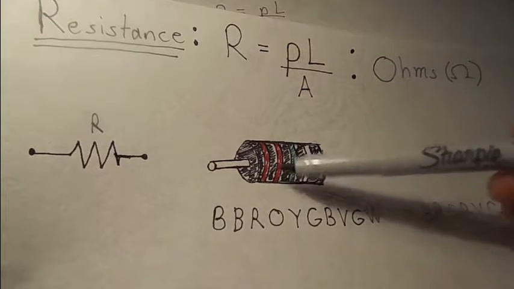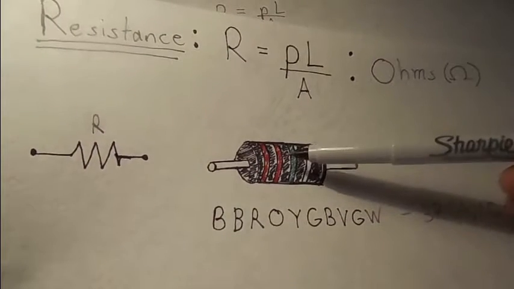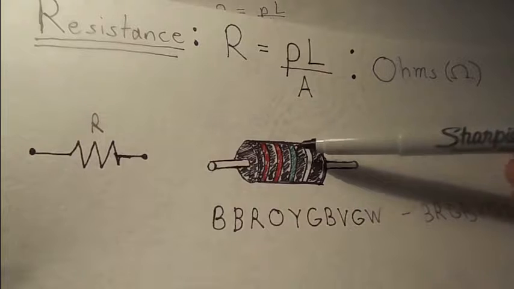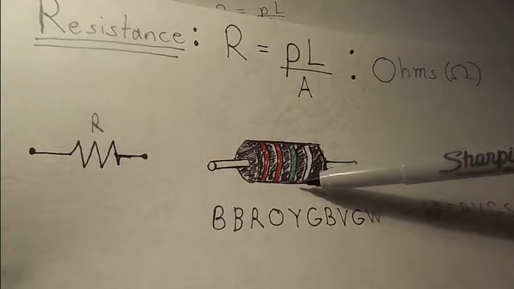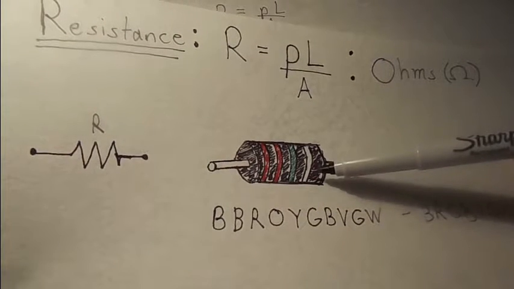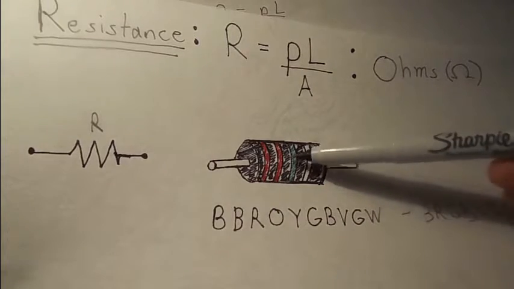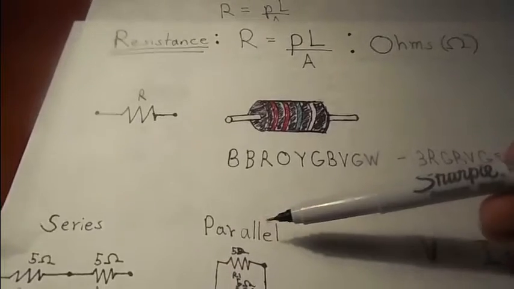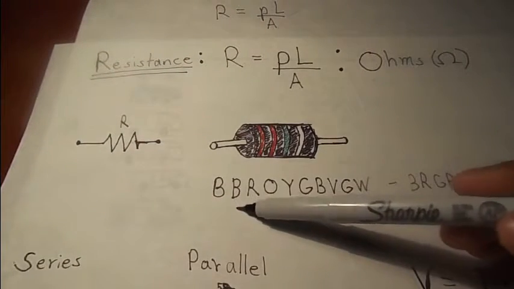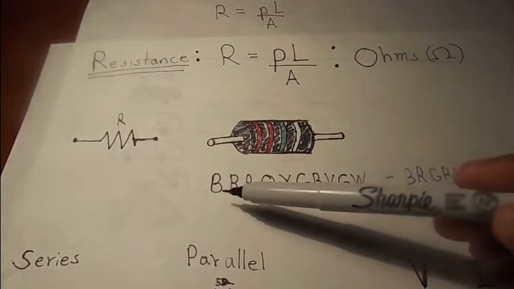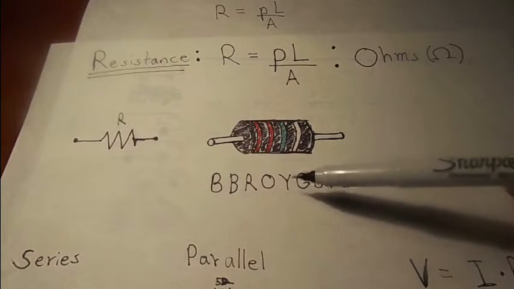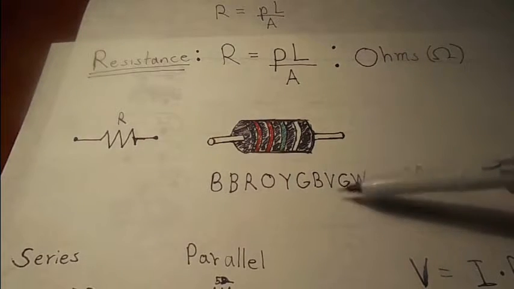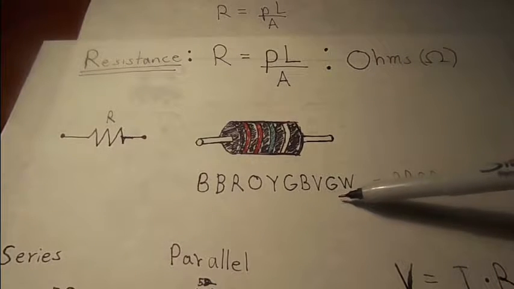But for 4 stripes, you have your value 1, value 2, and then your multiplier, and then the tolerance. Tolerance being how close to the value shown the actual resistance is. And one way to remember the color code is just ROY G. BIV. So it goes black, brown, red, orange, yellow, green, blue, violet, gray, and white.